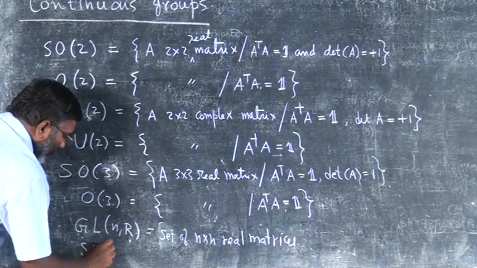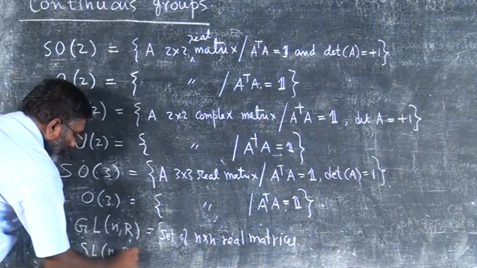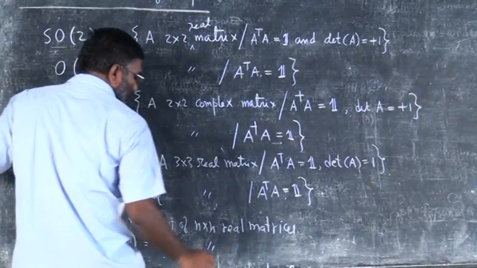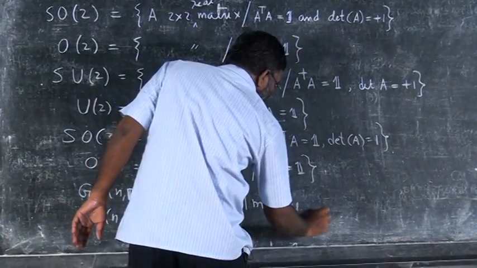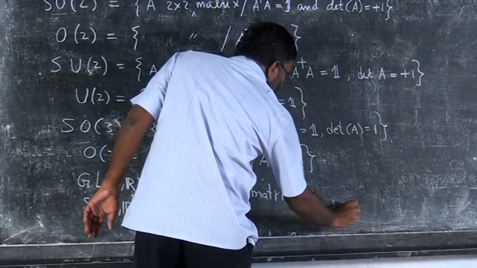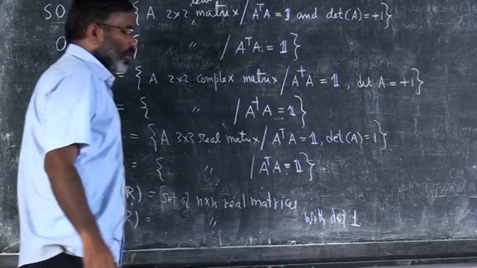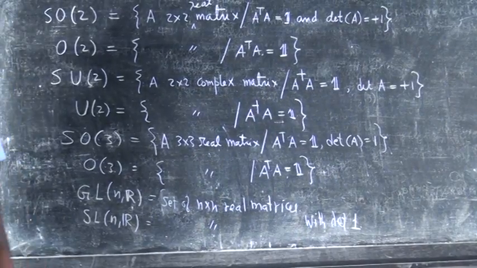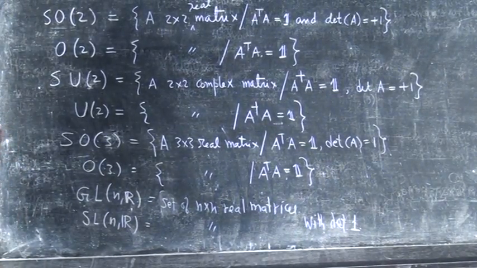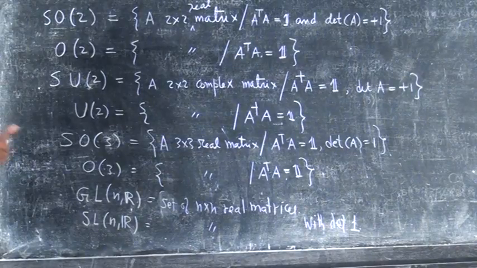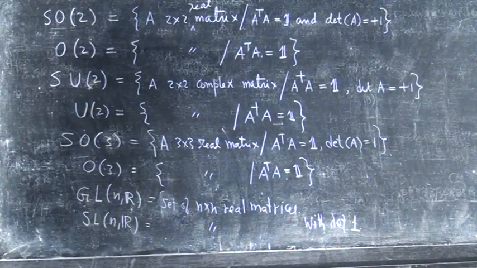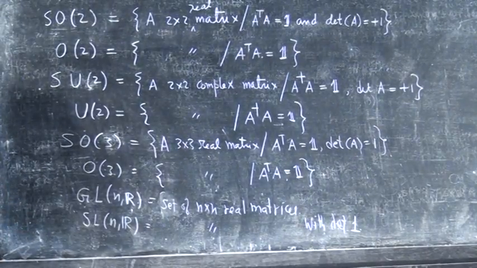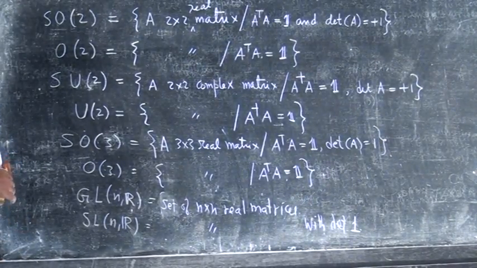Then you can have SL of n R. This is set of n cross n real matrices with determinant 1. If the matrices you consider them to be such that their determinant is 1, then you have a name called SL of n R. So these are some examples of continuous groups.